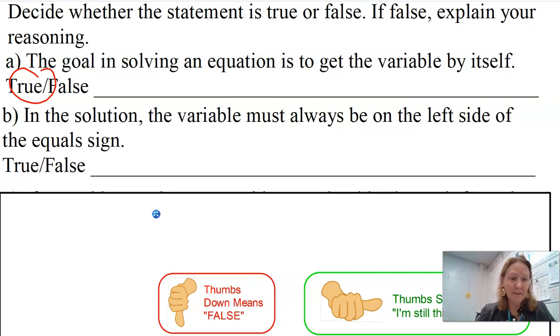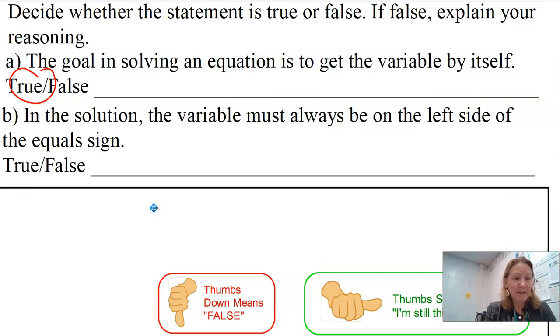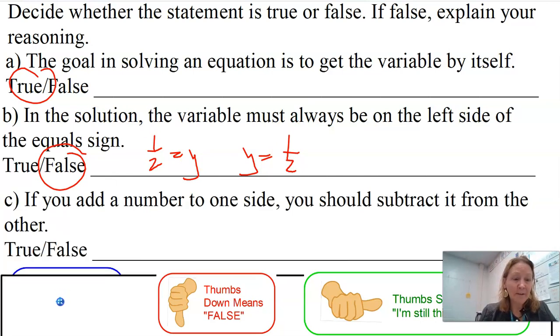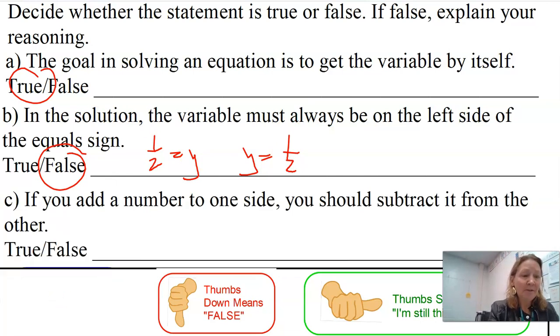Nope, we've already seen it the other way around. So you can say that is false. And I'm going to tell you that 1/2 equals y is the same as y equals 1/2. Okay, last one. If you add a number to one side, you should subtract it from the other. Hopefully you know that is false. You have to do the same thing to both sides.